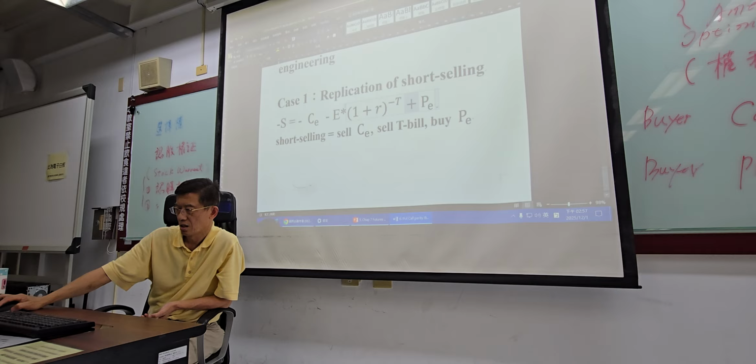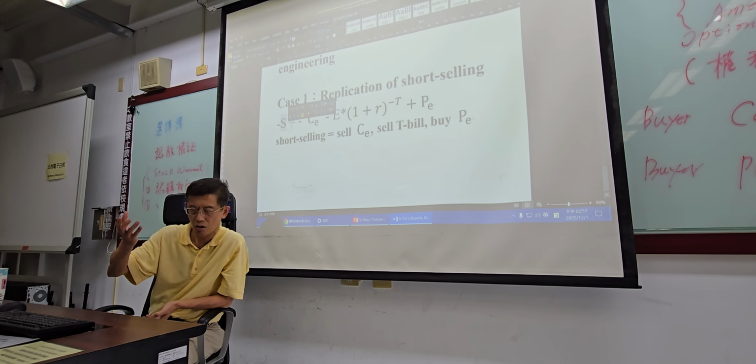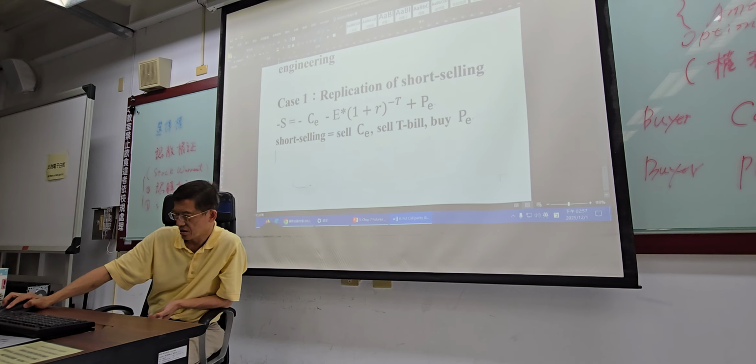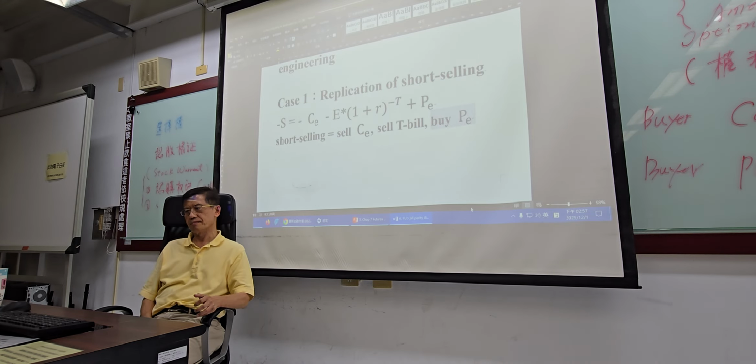So this formula can show you the true story, like short selling equals to short selling of the underlying asset, let's say stock or foreign currency, equal to the combination of selling call option and selling treasury bill and buying put option, right?